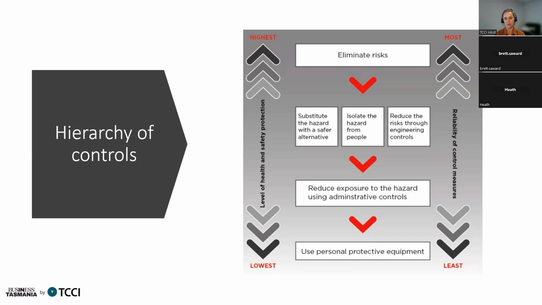We've then got to go through the hierarchy of controls. Start at the top. If you can eliminate it, that is the best case scenario. We also know that that's usually not the case. We usually have to go down the hierarchy of controls. We need to substitute, isolate or reduce the risk through engineering controls. Where we can't do that, we would then look at administrative controls, then followed by PPE.